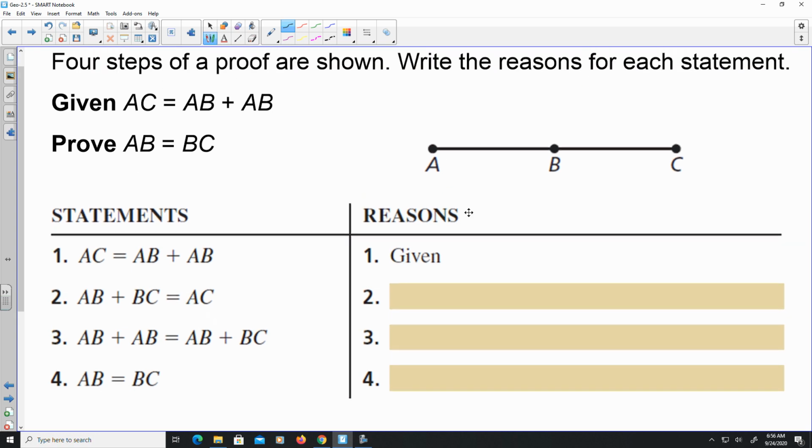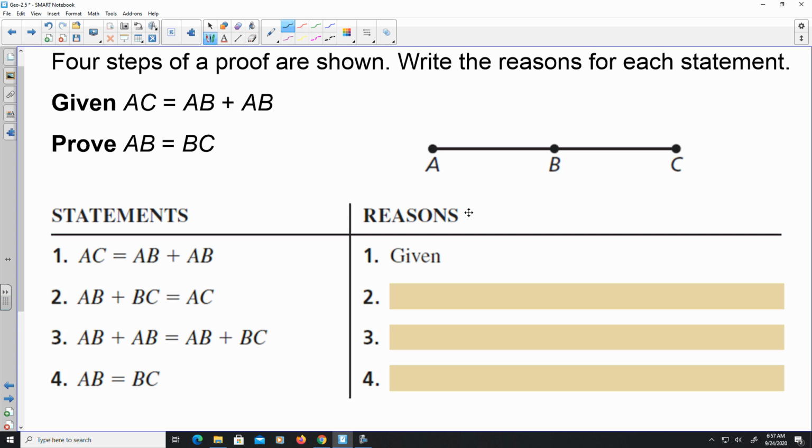The first thing that we're going to look at is this. We talked about this in the previous section: a two-column proof where we had the statements on the left and the reasons on the right. The statements are the step-by-step ways of showing how we take what we were given and then use those givens to prove exactly what they're telling us to prove.